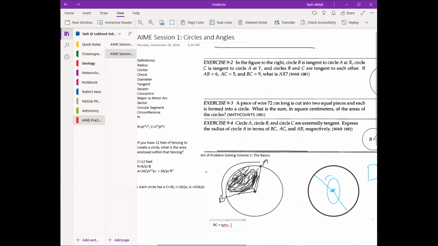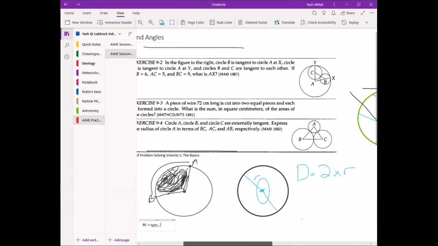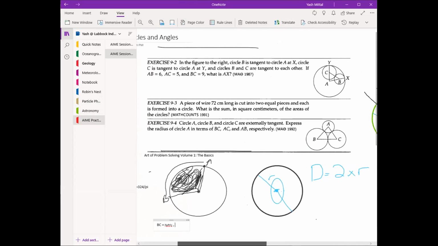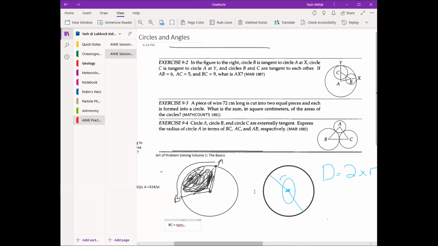So now we know that they're both the radii of both. And we know that AX is equal to AB plus RB, right? Because we're trying to find AX, and that's going to be equal to AB plus another radius.